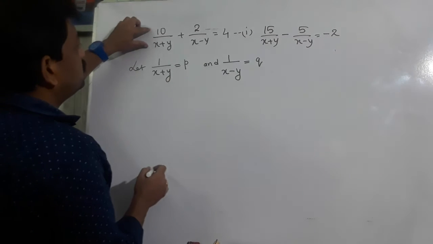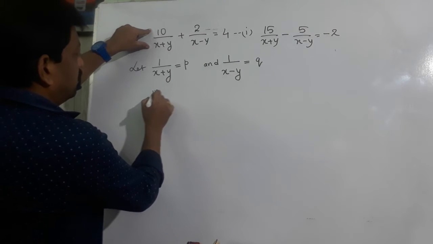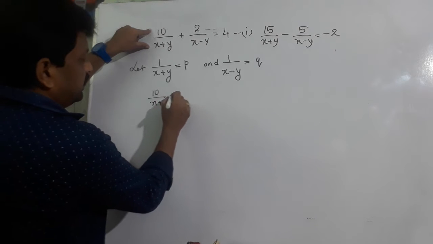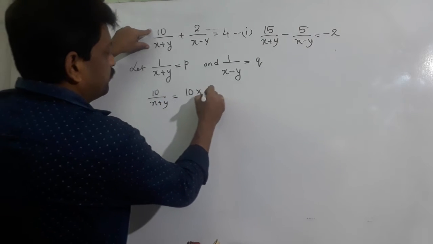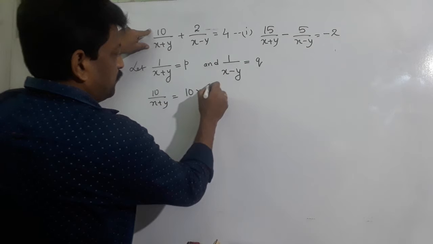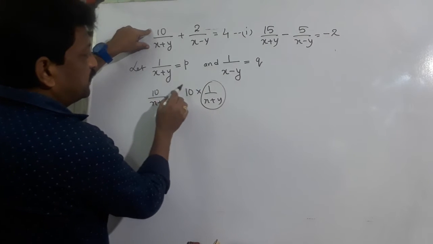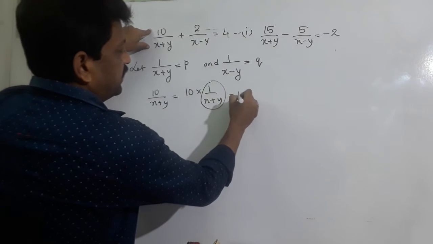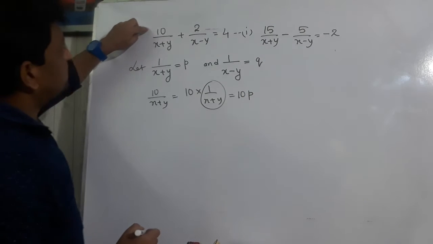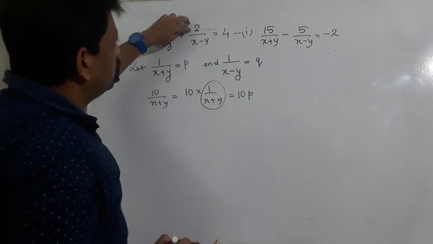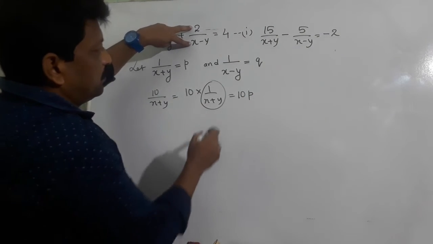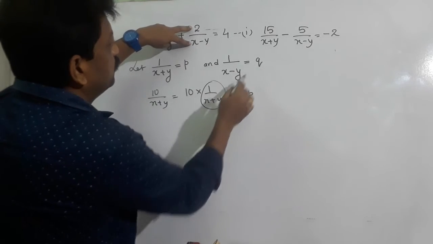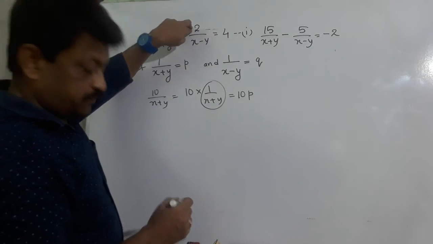So now this 10 upon x plus y can be written as 10 into 1 upon x plus y, but this 1 upon x plus y is p, so we can write this as 10p. Similarly 2 upon x minus y, but 1 upon x minus y is q, so it will become 2q.